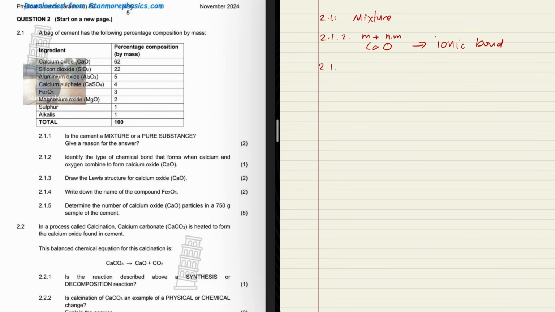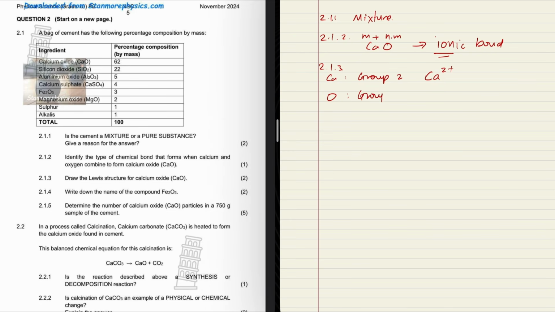Now, question 2.1.3, draw the Lewis structure for calcium oxide. So, if it's an ionic bond, it means that there's going to be ions, right? Now, calcium is in group 2. That means it is going to donate 2 electrons, and so it's going to have a charge of Ca2+. Oxygen is in group 6 or 16, depending on how you want to classify it.